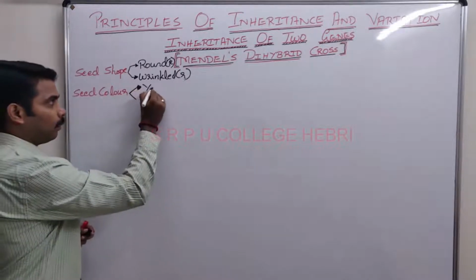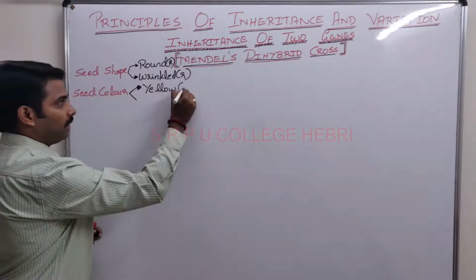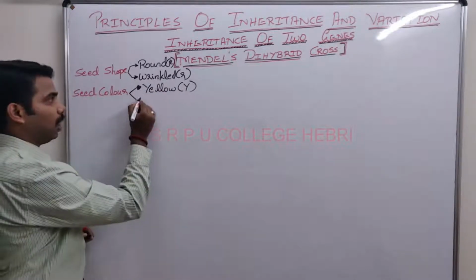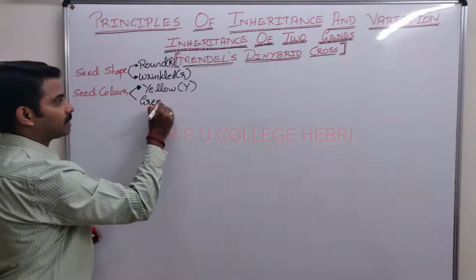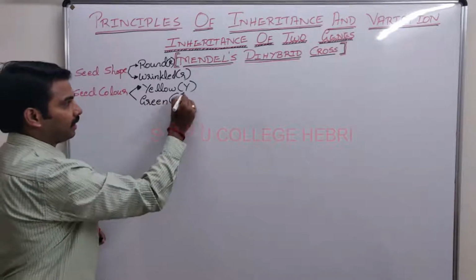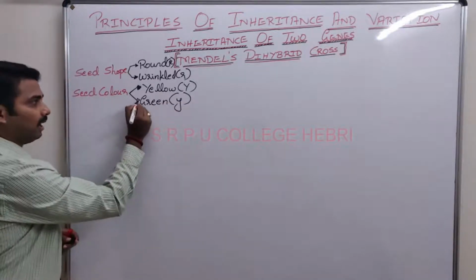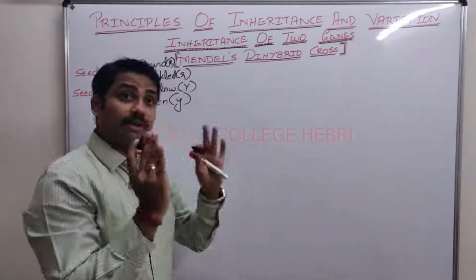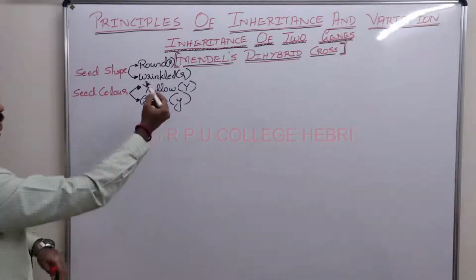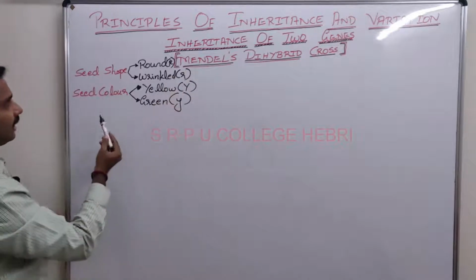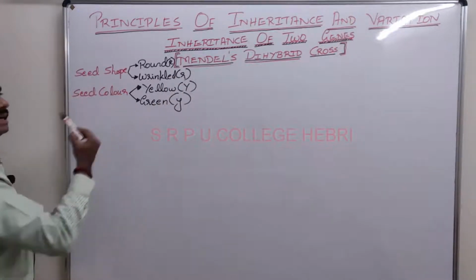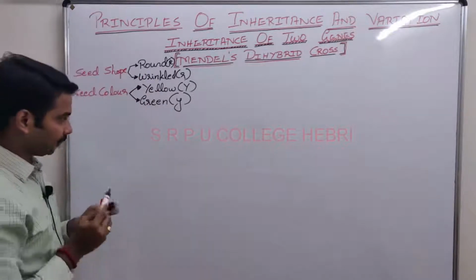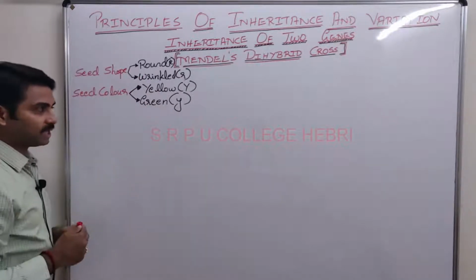One is yellow, represented by the gene or allele capital Y because it is dominant. Another one is green, represented by small y. So throughout the experiment, Mendel focused on two characters with their contrasting traits: seed shape, seed color, round, wrinkled, yellow, green. Now, how did he perform the experiment?